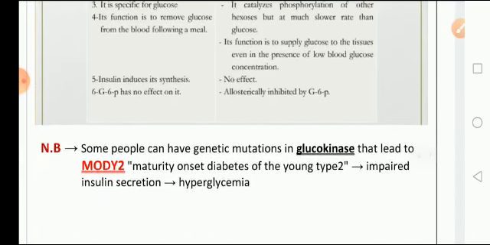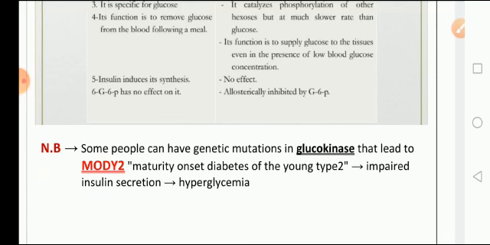Here is an application. Some people have a genetic mutation in the glucokinase, which means they have a mutation in the gene that produces glucokinase, leading to a disease known as MODY 2, maturity onset diabetes of the young type 2.